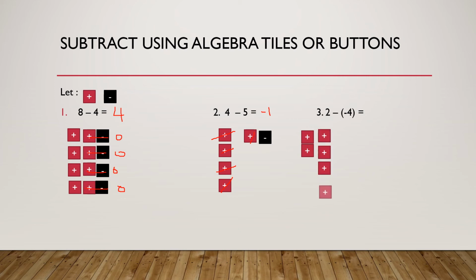The zero pairs will become 2 plus 4. I will take away the negative tiles: 1, 2, 3, 4. What is left? 6 positive tiles. That's why the answer is 6.